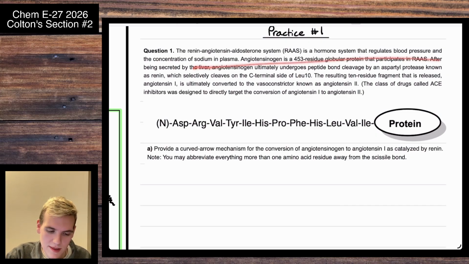This hormone thing, sodium, we have a protein, love proteins, that undergoes peptide bond cleavage by an aspartyl protease known as renin, which, important, cleaves on the C-terminal side of leucine 10. Okay. So, the resulting fragments are released, whatever.